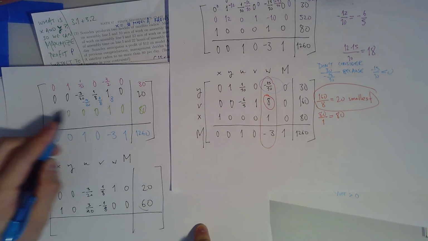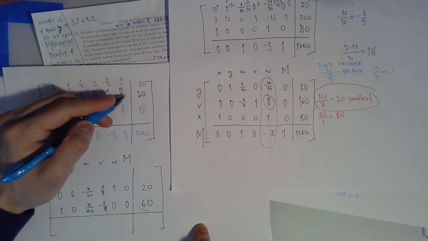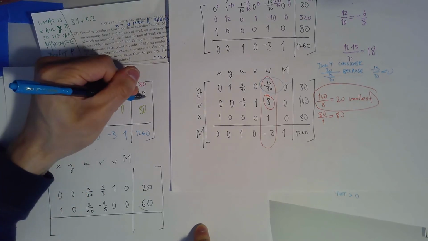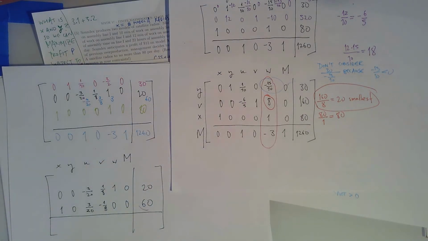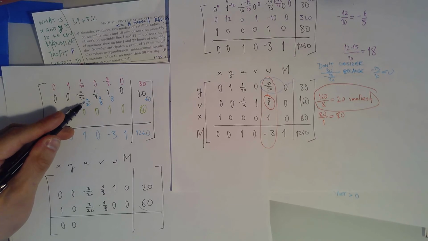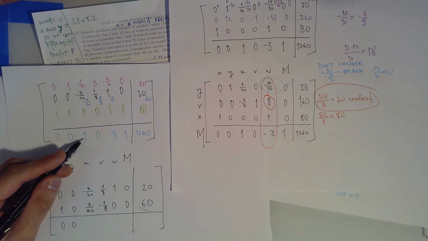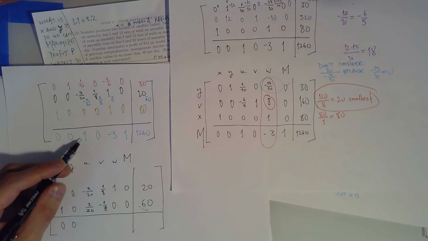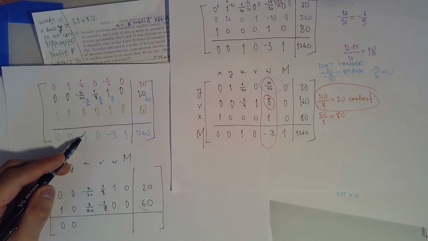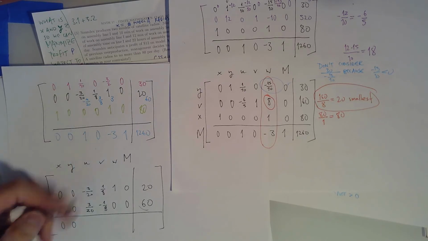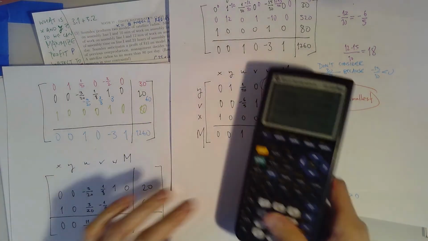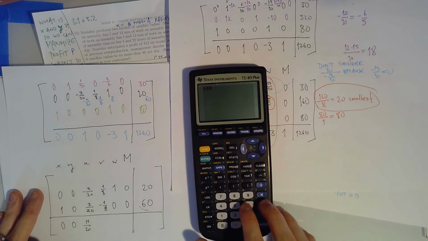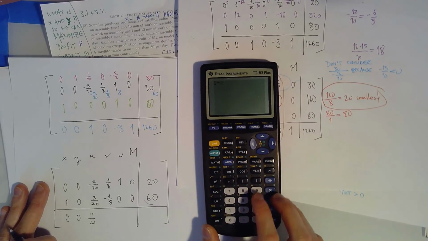These are 0, so I don't have to worry about them so much. This is 0, and then I'm multiplying by 3. This is a 60. Okay, here we go. So 0, 0 here, -9/20 and 1, so we have to think a little bit, so this will be 20/20 minus 9/20, which is 11/20. You can also use your calculator if you don't want to think too much: 1 minus 9/20.